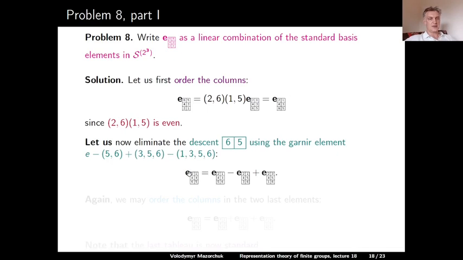In this way we write our polytabloid as a linear combination of the polytabloid for 2, 1, 4, 3, 5, 6 minus the polytabloid for 2, 1, 4, 5, 3, 6 plus the polytabloid for 2, 3, 4, 5, 1, 6.